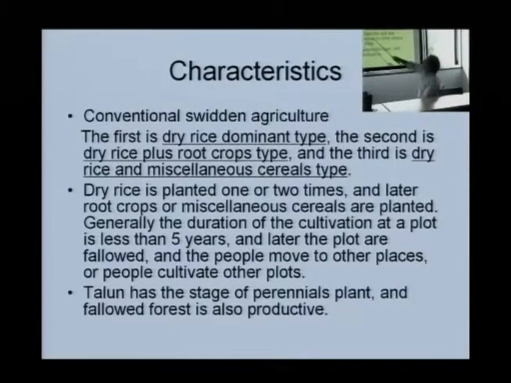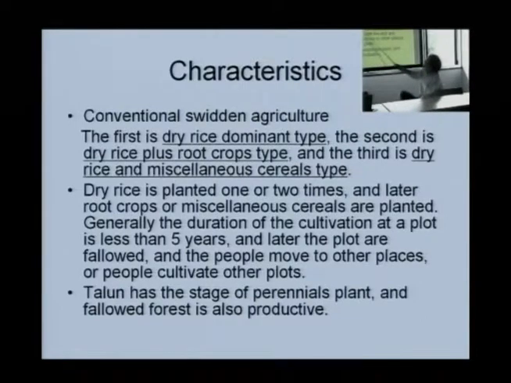So conventional swidden agriculture has three types: the first is the dry rice dominated type, the second is the dry rice plus root crop type, and the third is the dry rice and miscellaneous cereal type. This is the classification by Professor Sasaki, former director of the National Museum of Ethnology, or Minpaku, in Osaka.